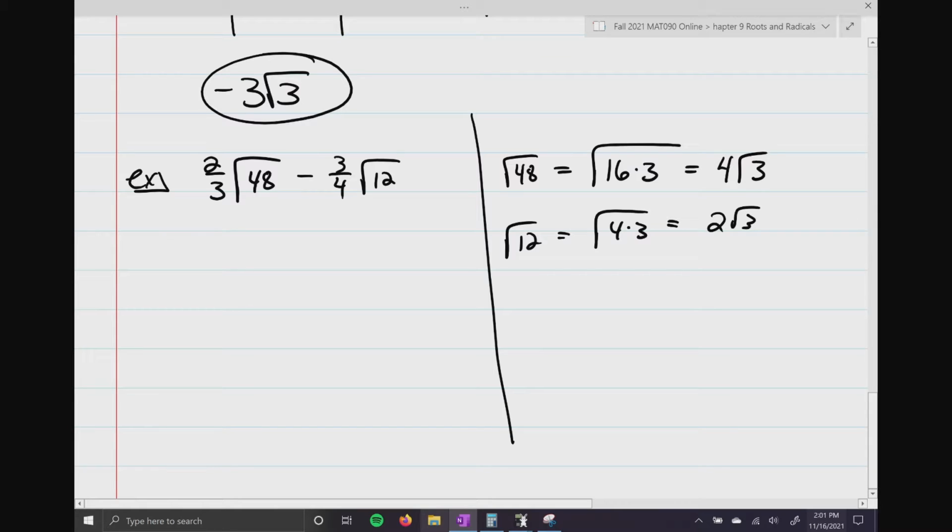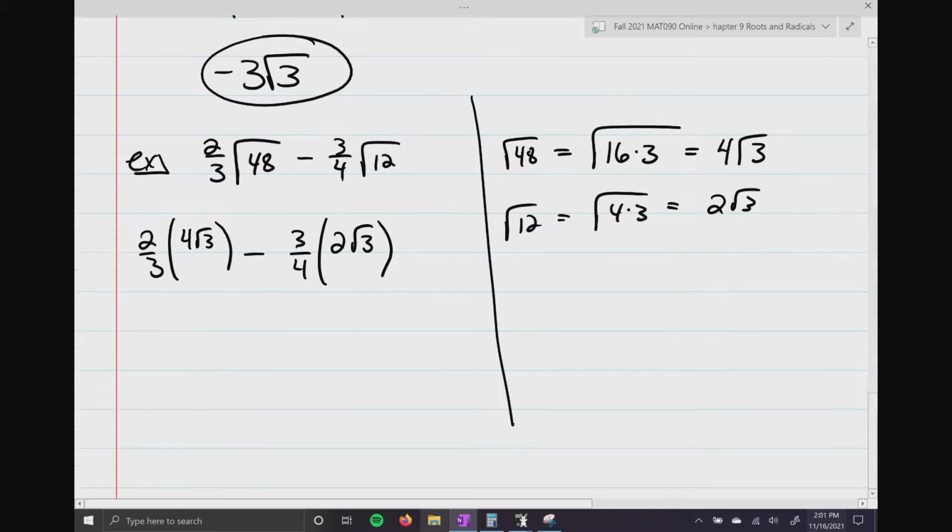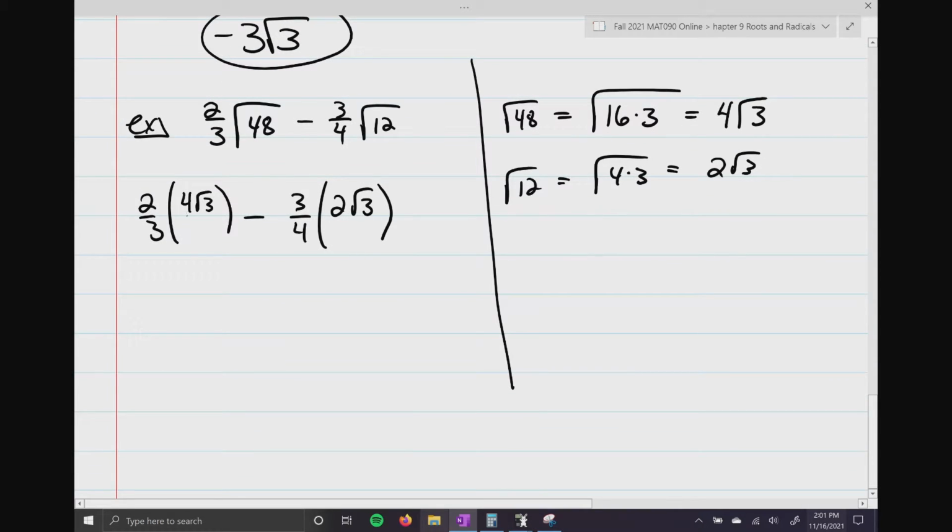So what I'm going to do is I'm going to write 2/3 times 4 square root of 3 minus 3/4 times 2 square roots of 3. And then from here, we just got to simplify. We got to be careful. Now, 2/3 times 4, nothing reduces. So you just got to multiply.